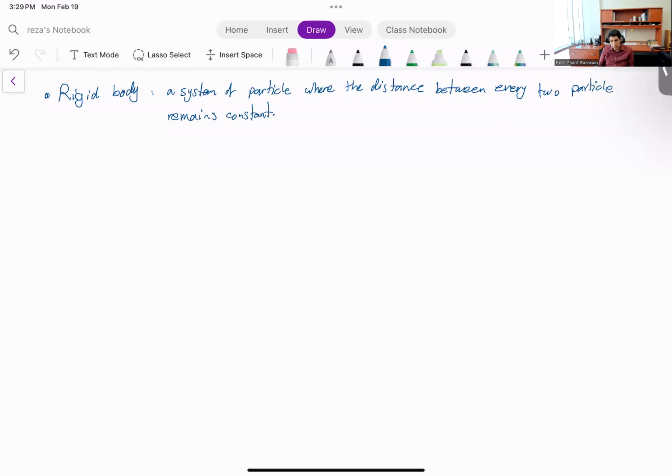So when we talk about this kind of system, a rigid body, let's first try to analyze the motion of a single rigid body in its simplest case. When we have a rigid body moving around in 3D space, we need to first describe where it is located and how it is oriented.